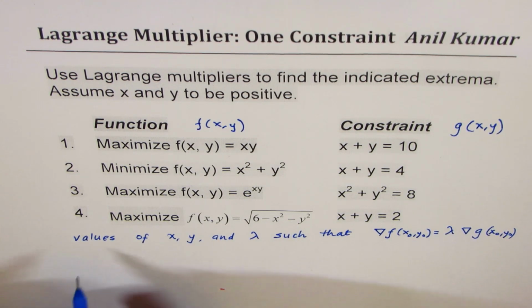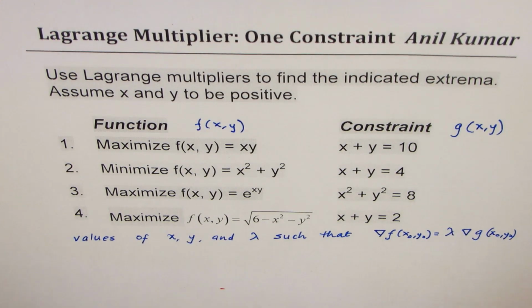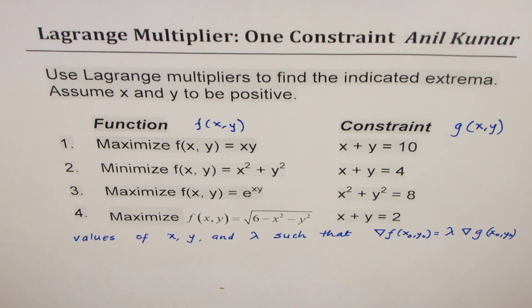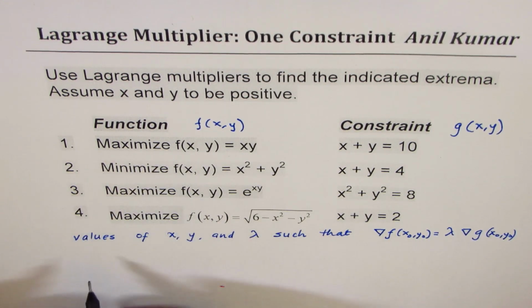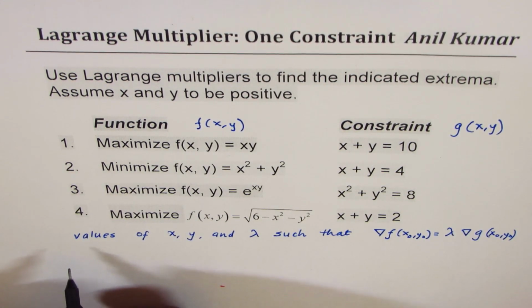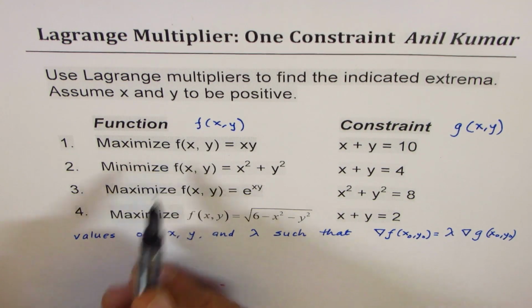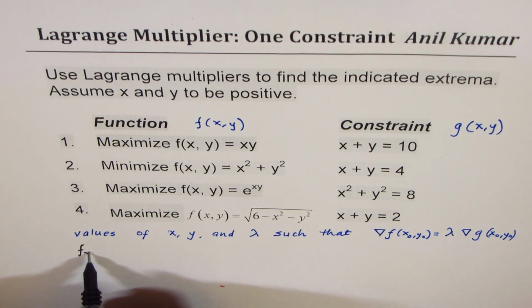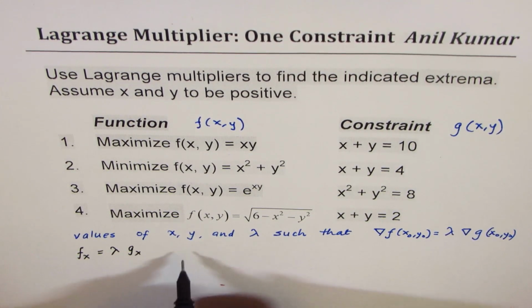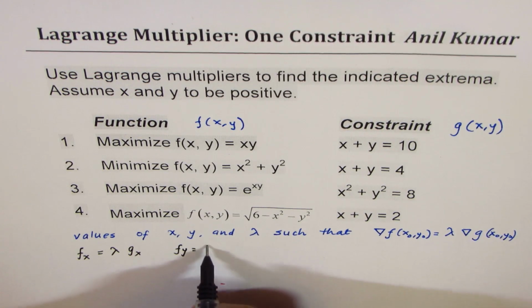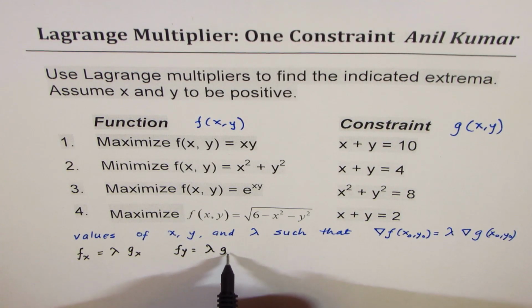So the strategy which is going to be followed for all the four examples will be like this. Since we have two variables here, we'll equate the partial derivatives as per this equation: f of x is lambda g of x, f of y is lambda g of y.